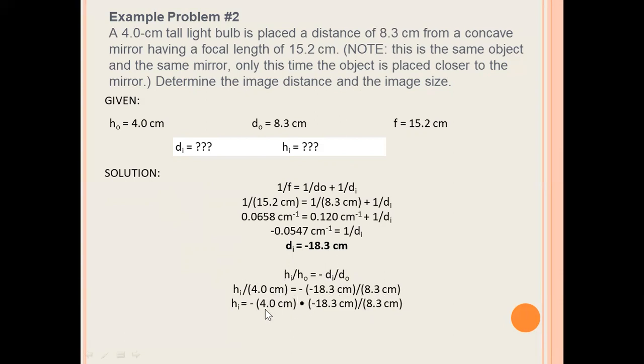This becomes negative 4 centimeters multiplied by negative 18.3 centimeters, the solved value for the image distance, divided by 8.3 centimeters, the given object distance. Further simplifying the quantitative values gives us 8.8 centimeters.